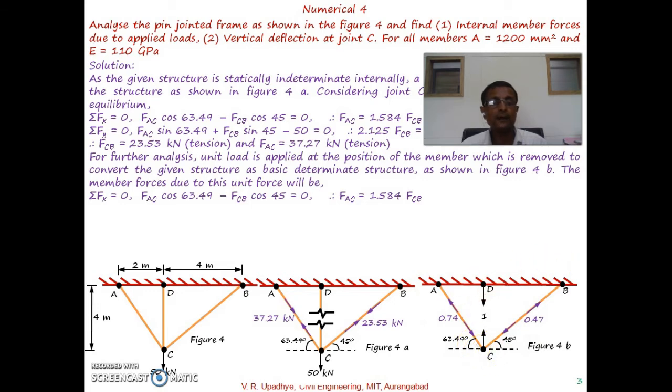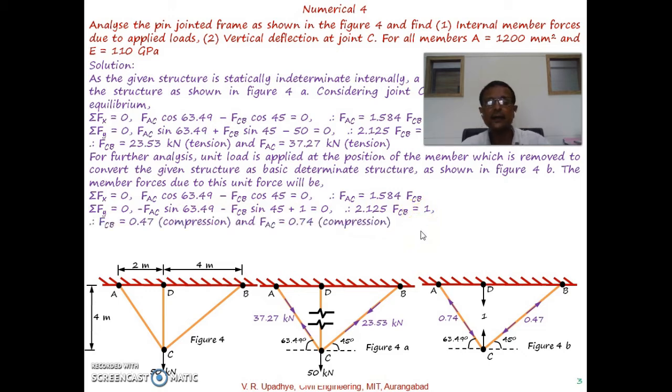Okay, and in vertical direction what we will be having is FAC sin 63.49 minus FCB sin 45 plus 1 must be equal to 0. So this gives us 2.125 FCB equal to 1. So what we are doing over here is FAC is 1.584 FCB. So in this equation FAC is substituted by FCB, and this calculation gives us 2.125 FCB is equal to 1.